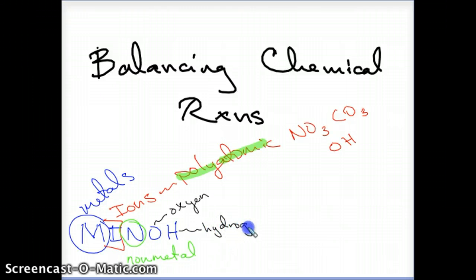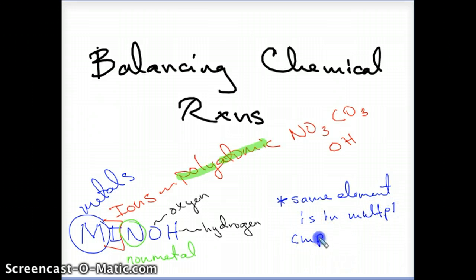Now the only rule to remember when we deal with MINOH is that if the same element is in multiple compounds on the same side, like both reactants or both products, you balance it last.